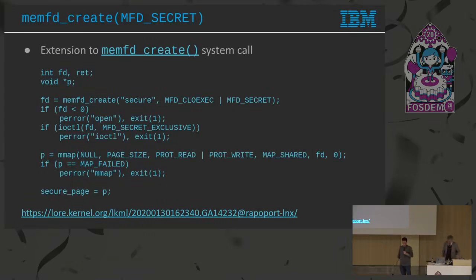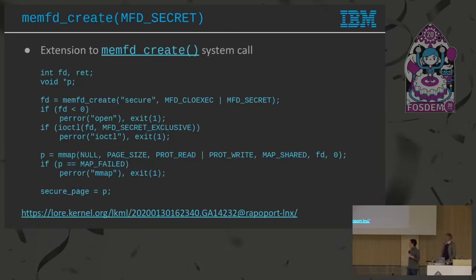So one of the feedbacks we've got on the map exclusive suggestion was that it's probably better to use a file descriptor or device, a character device, to create such secret mappings. And we came up with another version of the patch that actually extends the memfd_create system call.